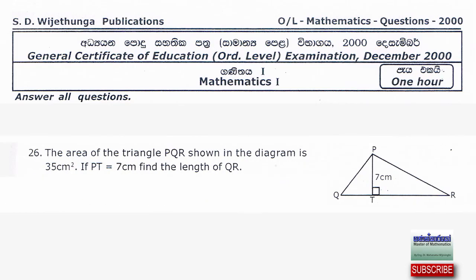Question number 26. The area of the triangle PQR shown in the diagram is 35 centimeter squared. If PT equals 7 centimeter, find the length of QR. The area of the triangle PQR in the diagram is 35 centimeter square.